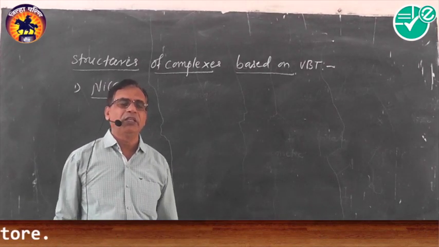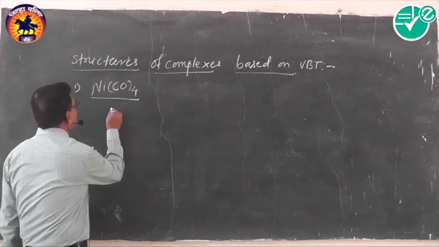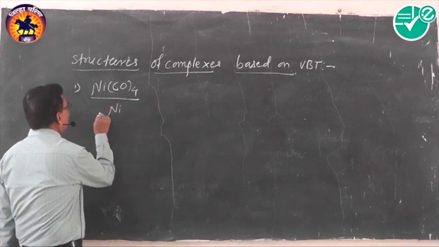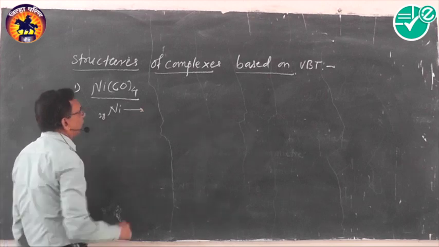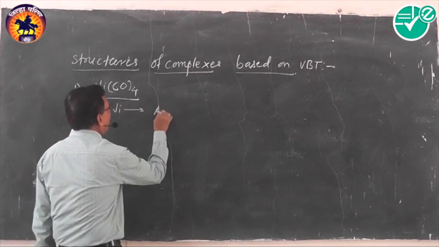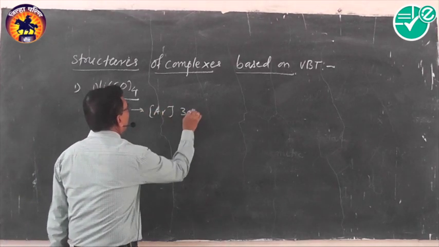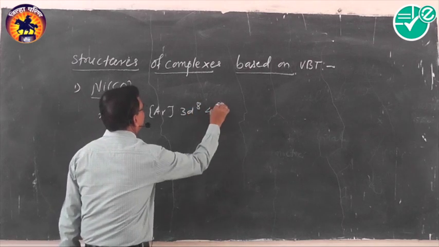What is this nickel tetracarbonyl? This nickel has atomic number 28. So its electronic configuration is argon 3d8 and 4s2.